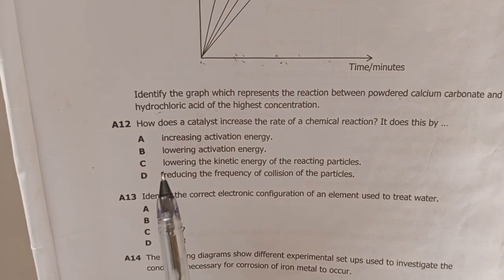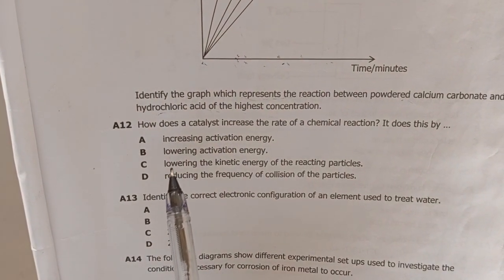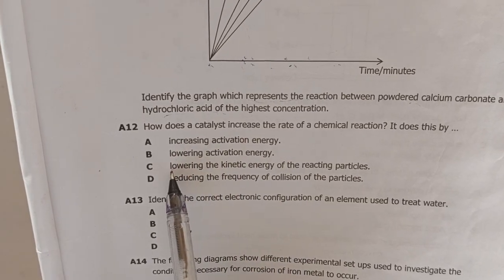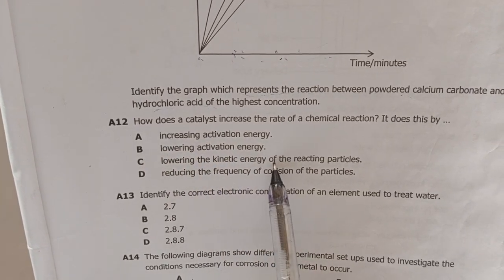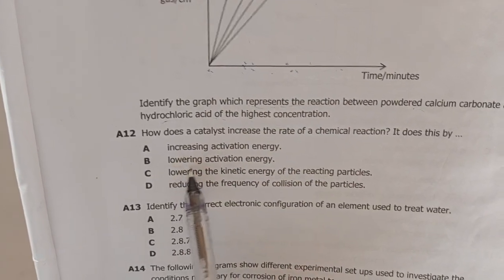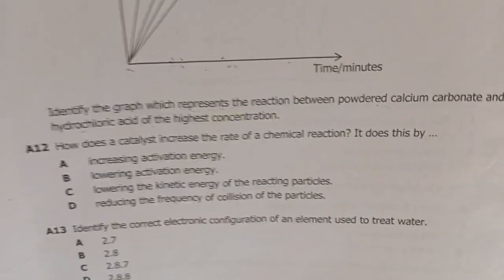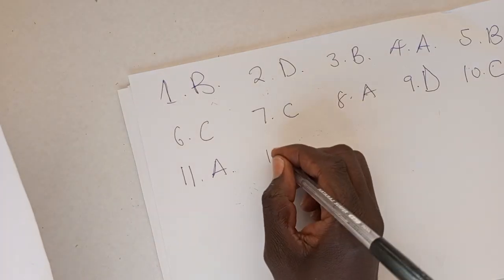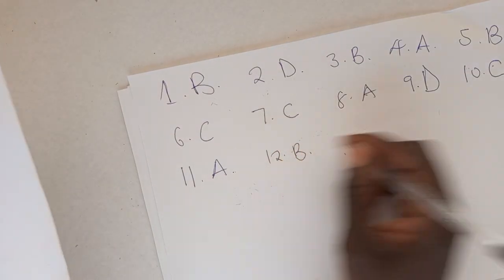The catalyst increases the rate of a chemical reaction by lowering or reducing activation energy. What about C? Lowering the kinetic energy of the particles, no. Reducing frequency, no. So the answer for question 12 is B.